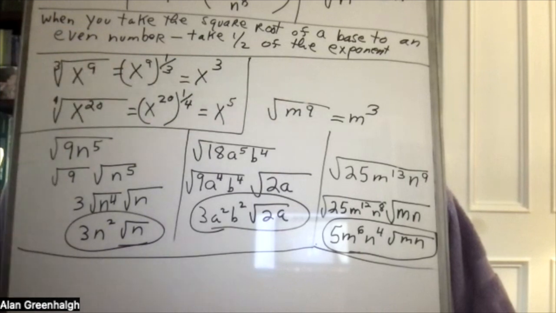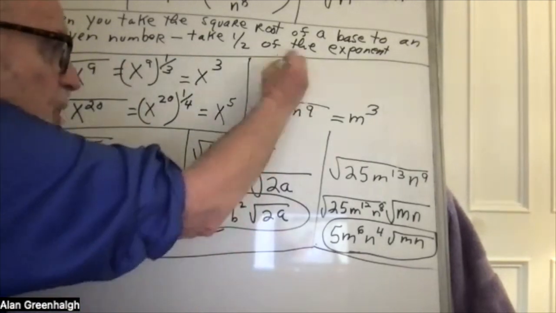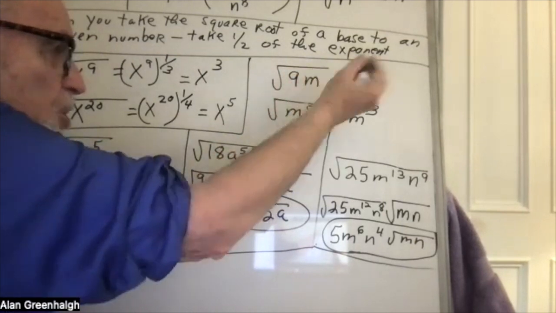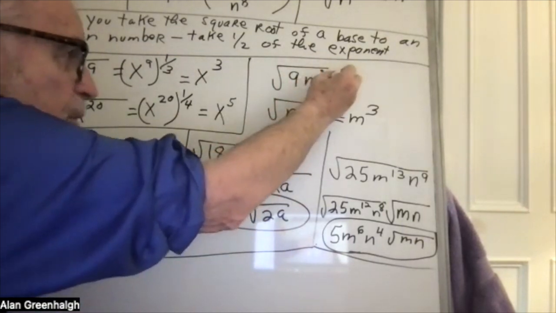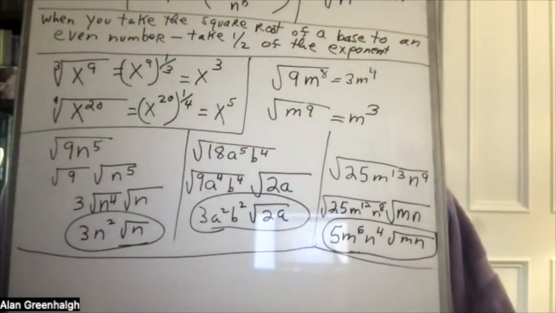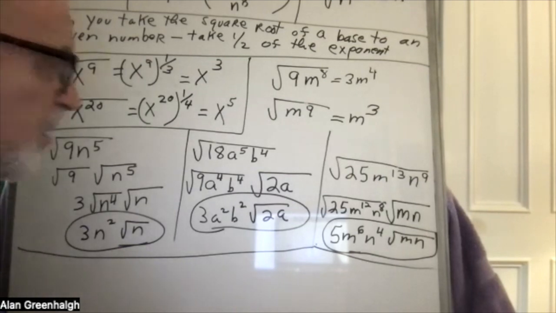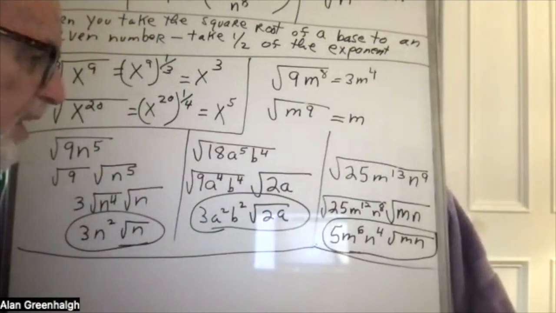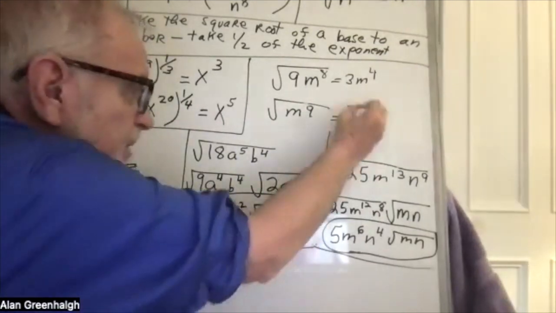In other words, if this were the square root of 9m to, I don't know, the 8th, then it would be 3m to the 4th. You take half of the number. So this m to the 9th would be really equal to 4.5.